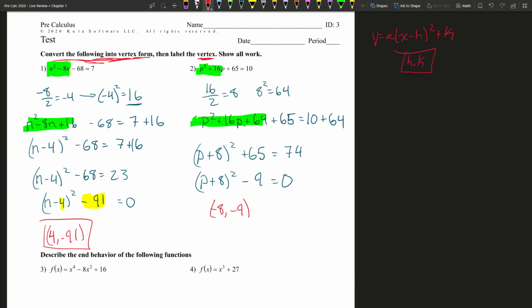And just as a reminder, you're always taking the opposite of what's inside. You're not just taking positive 8, you're taking the opposite of this value. So if it's negative, part of your answer is going to be positive.